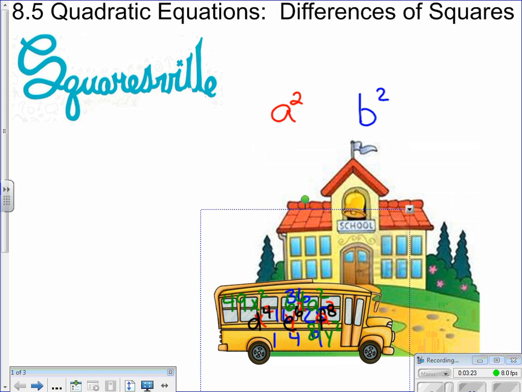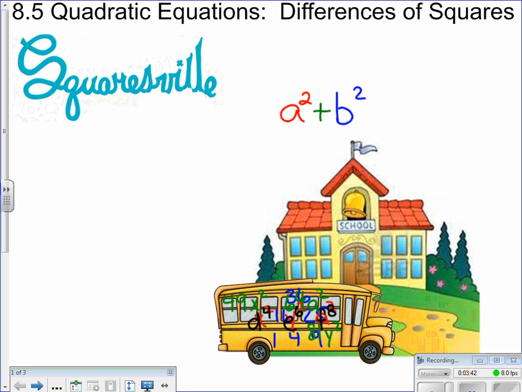And it was love at first sight. They were inseparable. They went to all the dances together, helped each other with their homework, and got along great. And on their book covers and on their notes, you would always find them writing a squared plus b squared.